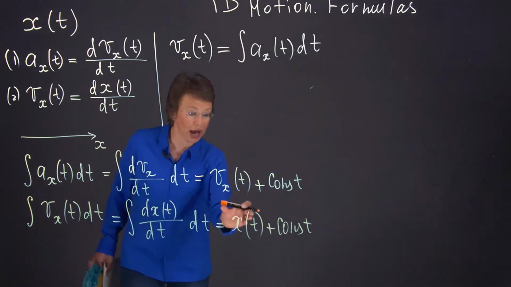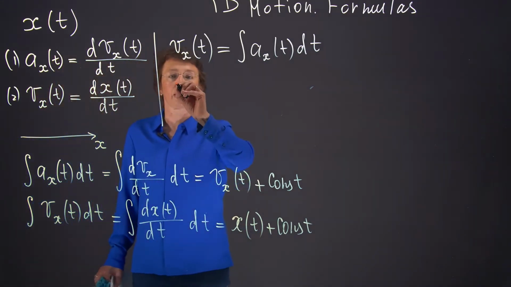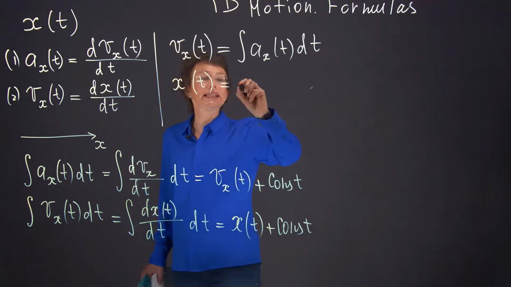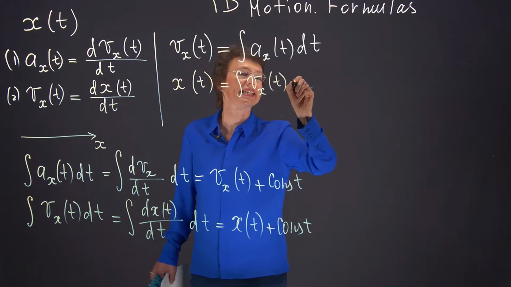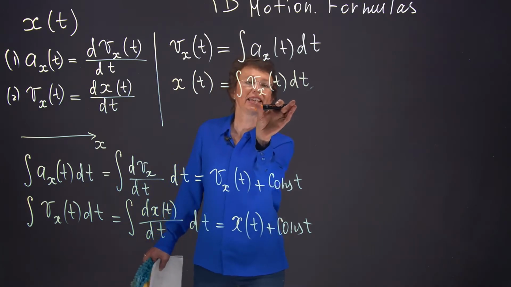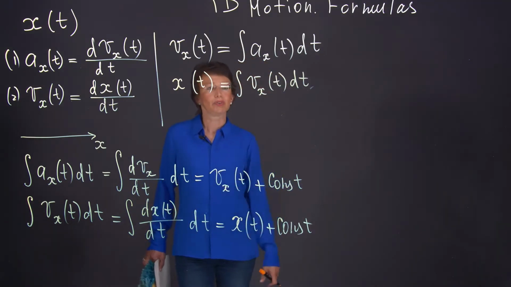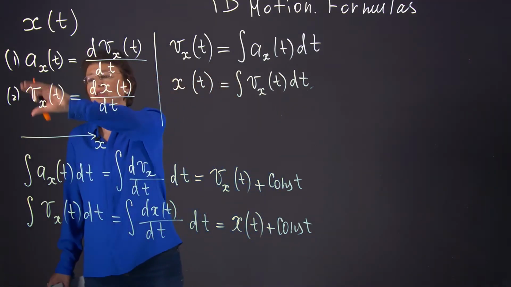Now I know how to find the position of the object. If velocity is given, the position of the object is equal to the indefinite integral of vx of t dt. And again, I will skip this constant because this indefinite integral will generate an arbitrary constant that I will find from my initial conditions. So those two are definitions 1 and 2.